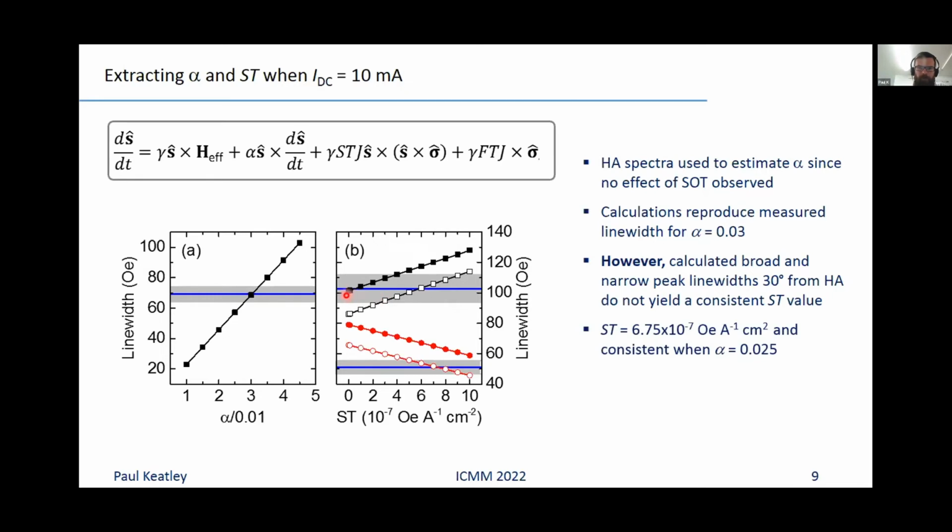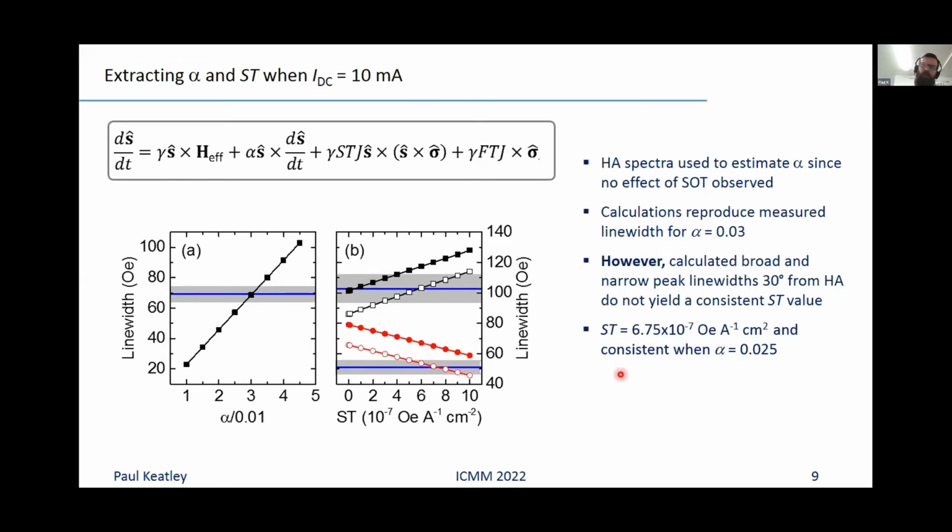And what we found is this: for the solid symbols here, we see there's a significant discrepancy. For the broader line widths, the spin torque parameter is down here somewhere, and then for the narrower line widths, it actually doesn't cross at all. But if we reduce the damping parameter from 0.03 to 0.025, that shifts these curves down, and so then there's better consistency with the matching of the line widths for the broad and narrow cases.